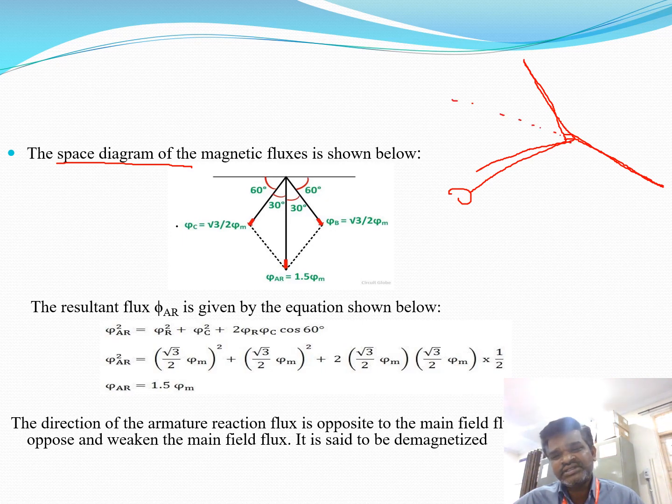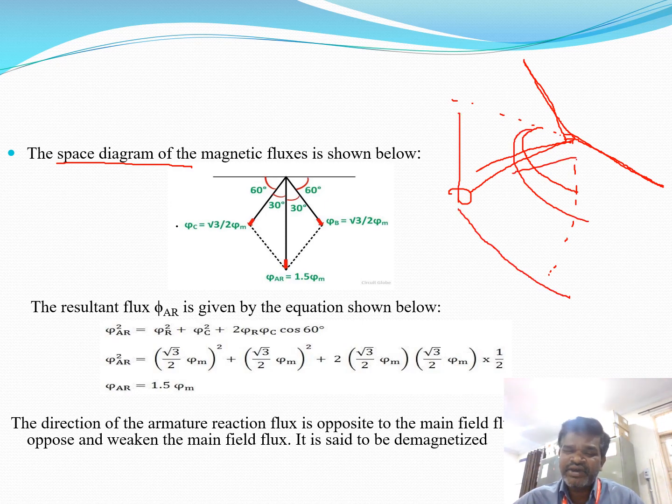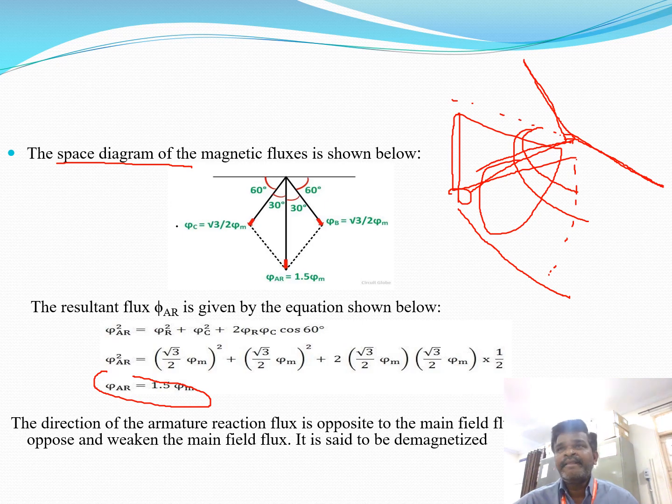Okay, you can close the phasor diagram. Again, similar to the previous circuit, it is 60 degrees, 60 and 120. So by drawing a vector diagram, this resultant we are calculating. Again, it also gives which one? 1.5 times the maximum flux.